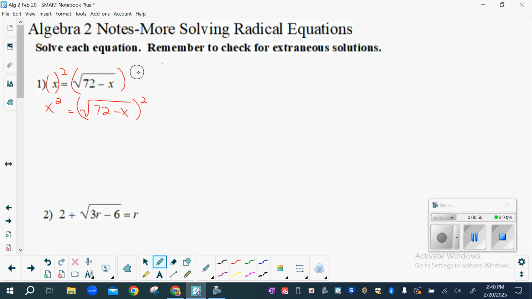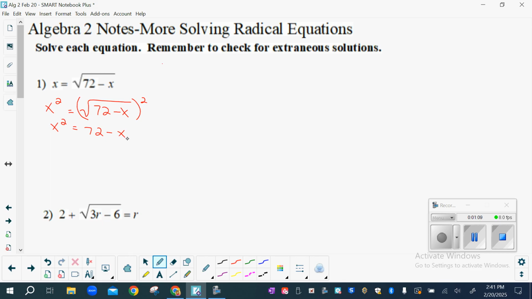Let me rewrite it over again. There's a reason why I'm doing that on this one. Once we square it, we get x squared equals 72 minus x, right? The square undoes the square root.